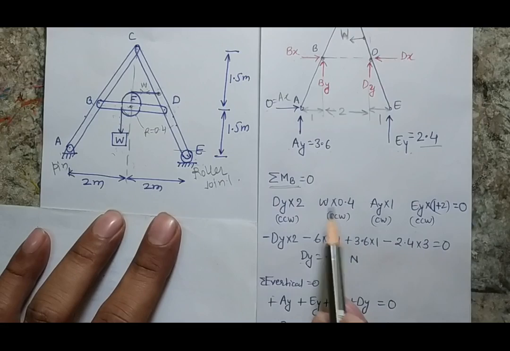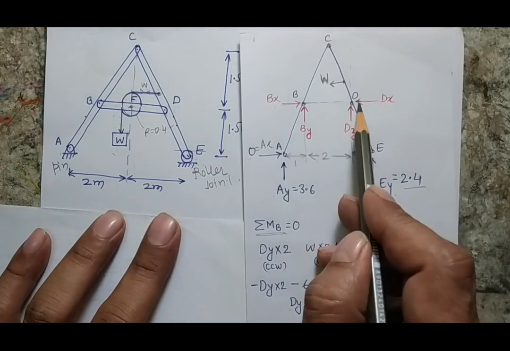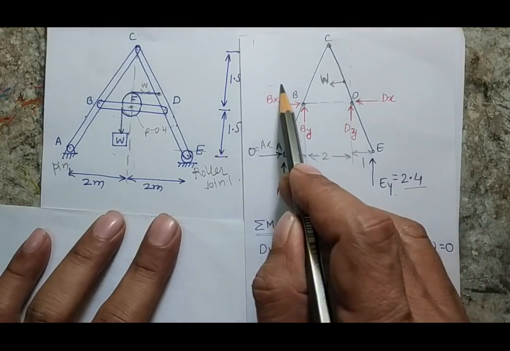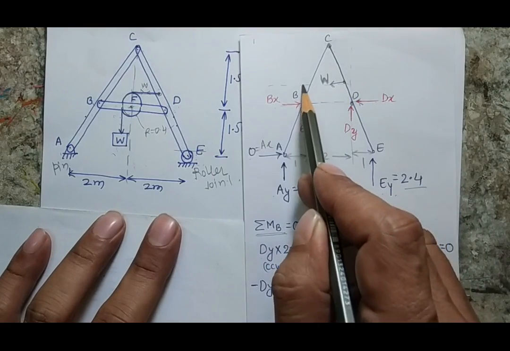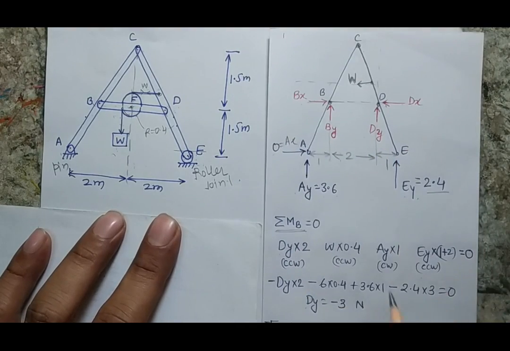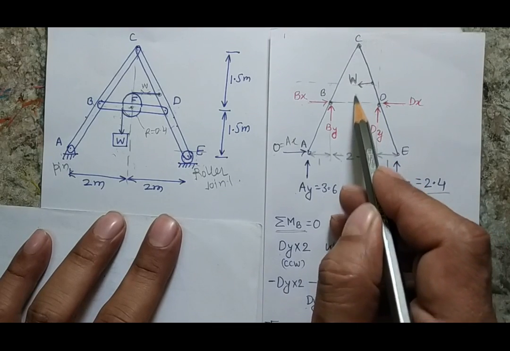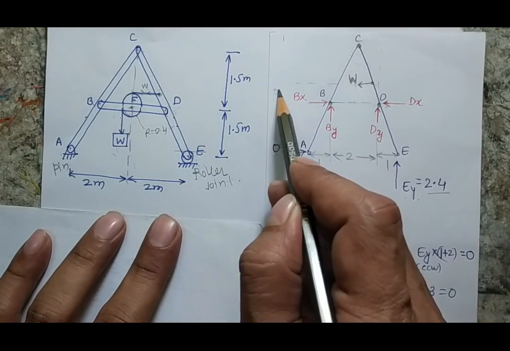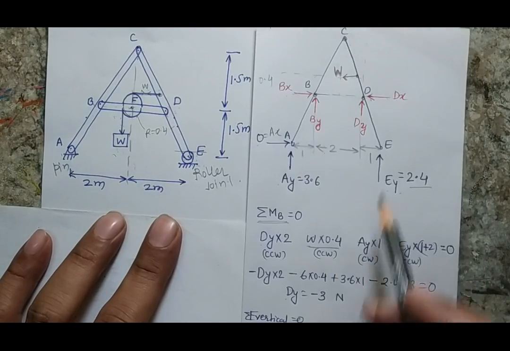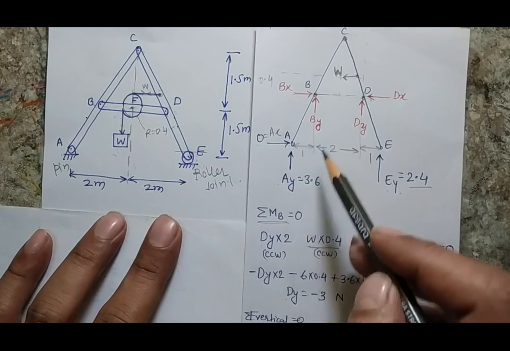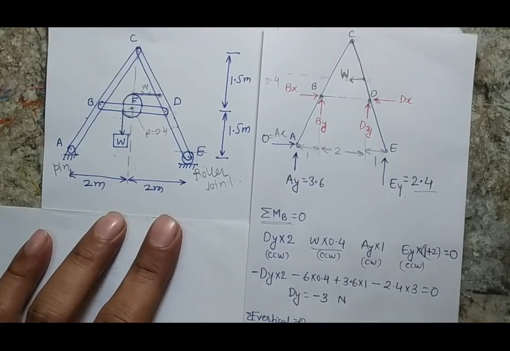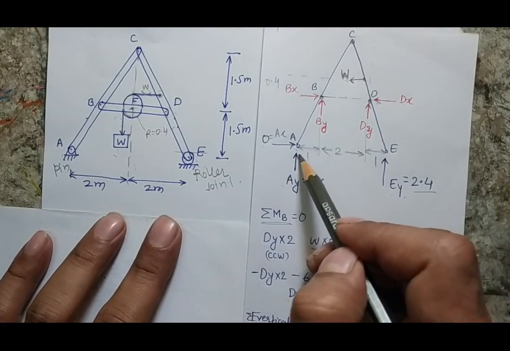So my equation will be Dy into 2. Then this W, the line of action of W is passing from here, and because the radius of the pulley is 0.4, this top distance will be 0.4. Then I have force Ay. Ay is acting at this point, and point B is at a distance 1 from Ay.